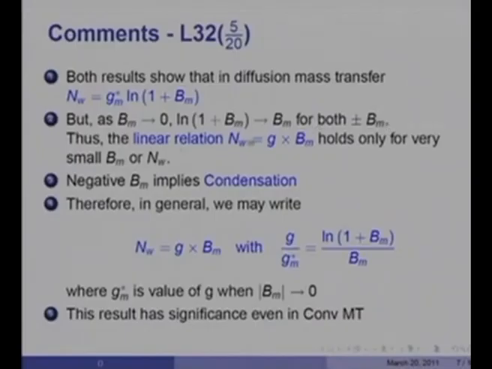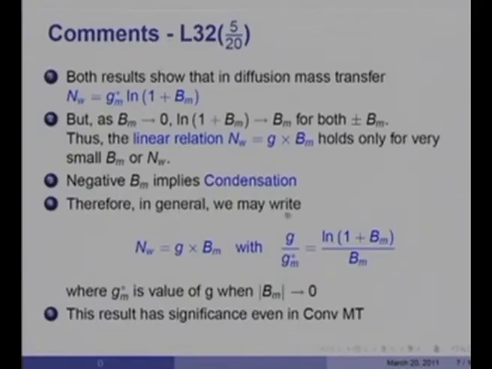Thus, the linear variation N w equal to g into B m holds only for very small mass transfer rate B m, or N w, whichever way you want to look at it. Typically, when B m is of the order of 0.02 or less, this relationship holds very well. And of course, when B m is negative, it will imply condensation. When B m is positive, it would imply evaporation.